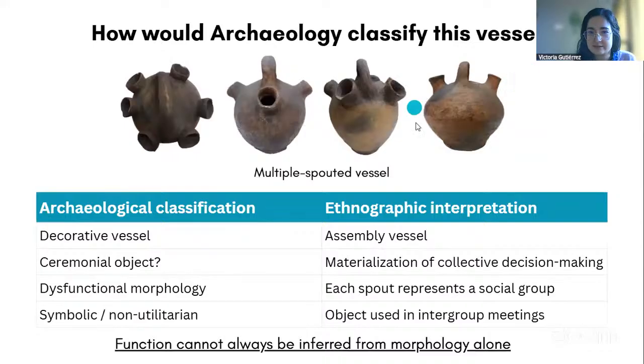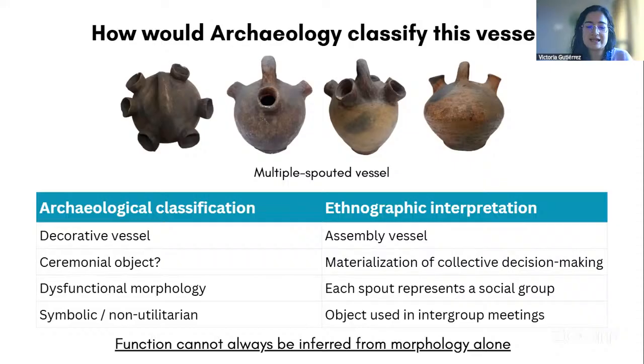Another great example is the multiple spouted vessel. From a purely archaeological perspective, we can even say that it's dysfunctional because it's very hard to pour water from one of the necks without pouring from the next. But ethnographic interpretations associate these vessels with assemblies involving different social groups.